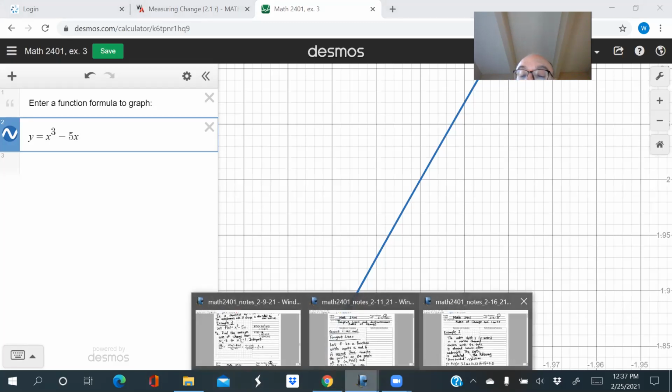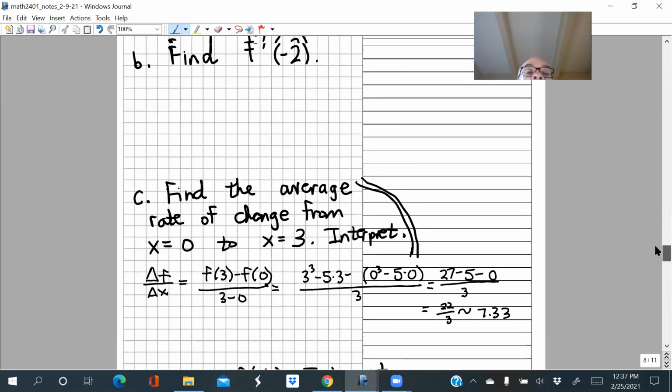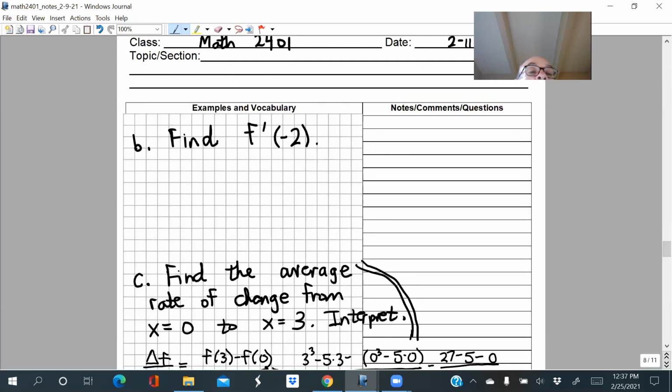So we're going to calculate the slope between those 2 points. And that will be our estimate for f prime of -2, the instantaneous rate of change, or the derivative, which is our other terminology here, of the function f at -2. So let's see if I can fill those values in correctly.